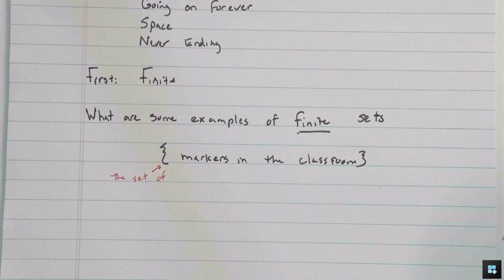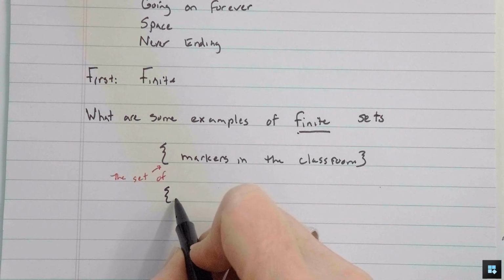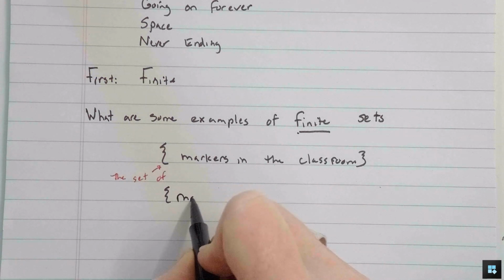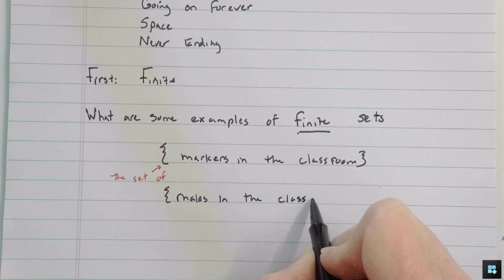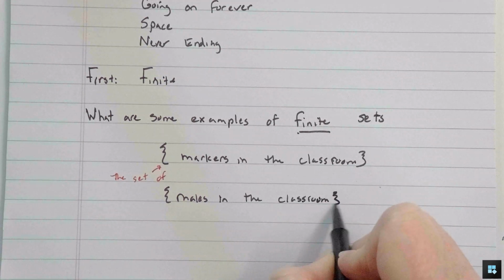Can you give me some examples of other finite sets, either in the classroom or not in the classroom? Male versus female. In the classroom? Yeah. So you said the set of men in the classroom, or males you said? Yeah. Males in the classroom. And you said the set of females in the classroom? Yeah.